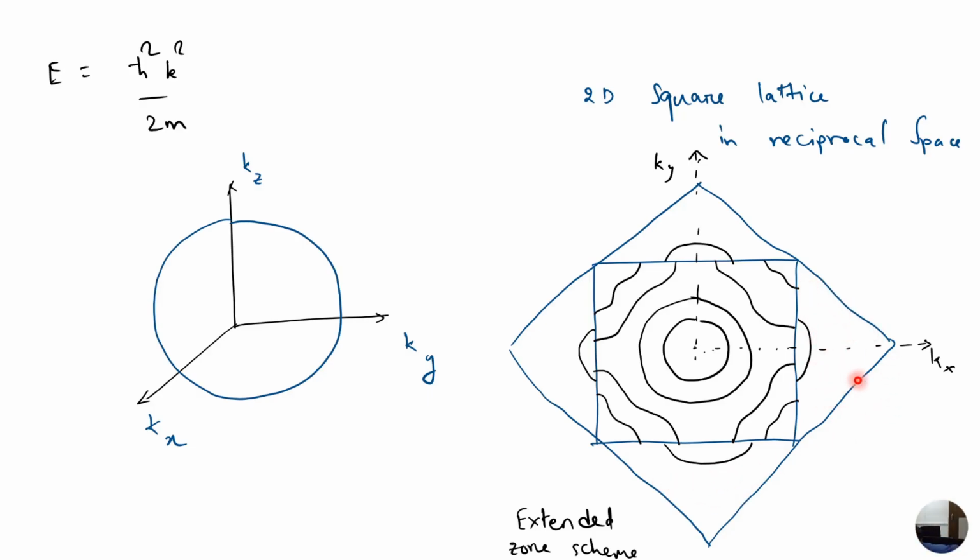When you have a small number of electrons, it would be this circle, and the highest magnitude of k corresponds to your Fermi energy. The Fermi surface is the surface of the points of the highest energy electrons in that material. If your electron levels are very few, they will simply form this circular region. With a few more nearly free electrons, it will still be circular.